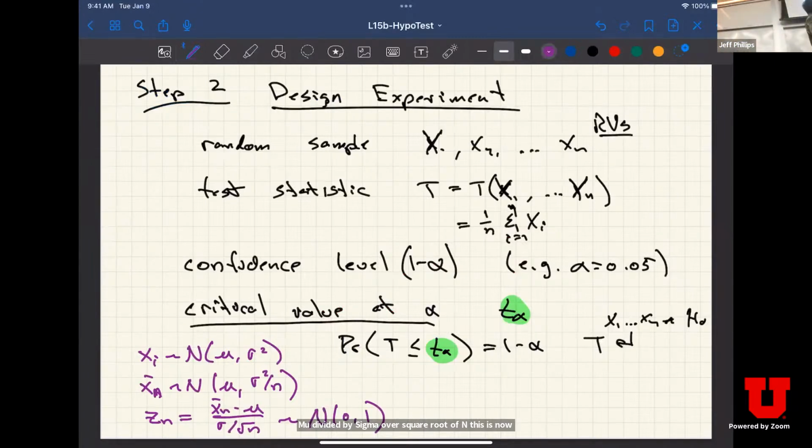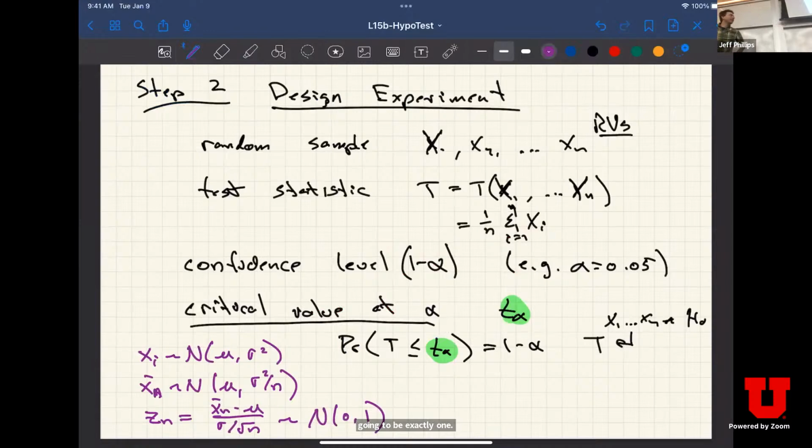I've subtracted off the mean, so now the mean is 0, assuming that xn bar came from this normal distribution. And I've divided through by the standard deviation, so the standard deviation of Zn is exactly 1. So it's a standard normal distribution.